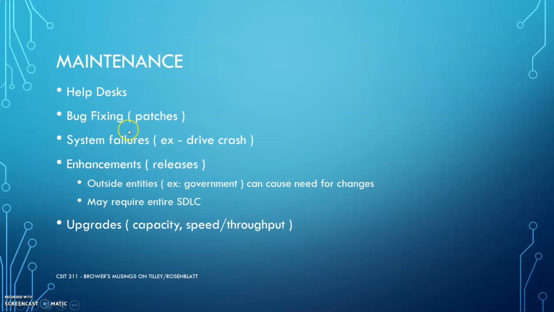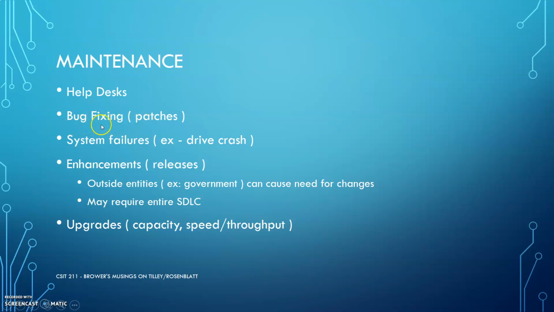Well, bugs may come up. So as diligent as we are in doing our testing, we may run into a situation where the system just behaves differently than we expect. It was something that didn't come out of testing, or maybe it was based on a particular piece of data that wasn't tried in testing, and they realized that there's a bug in the system, and so then the system has to get patched.